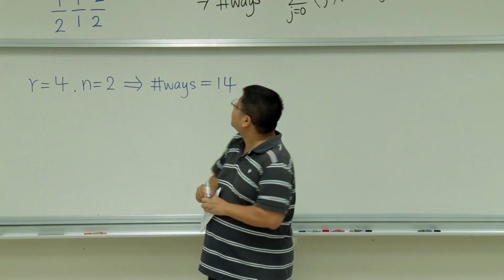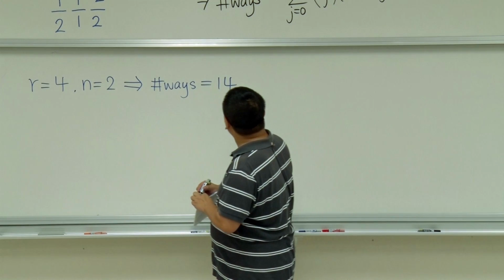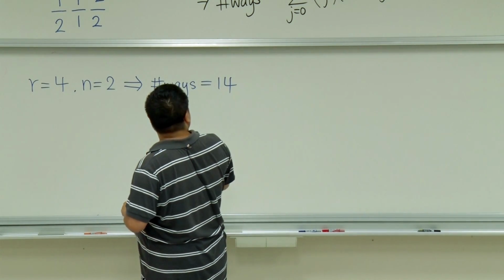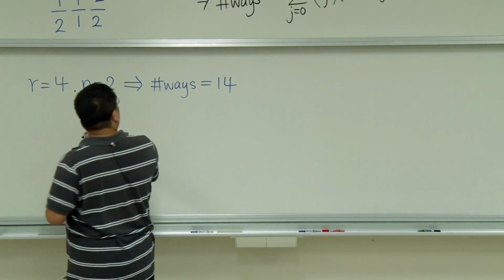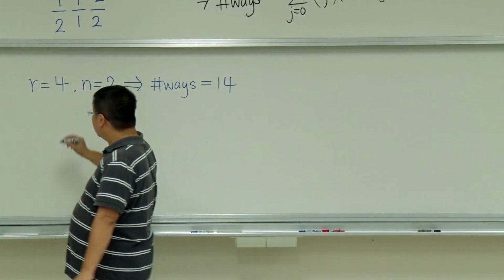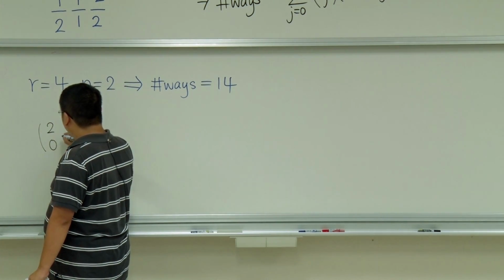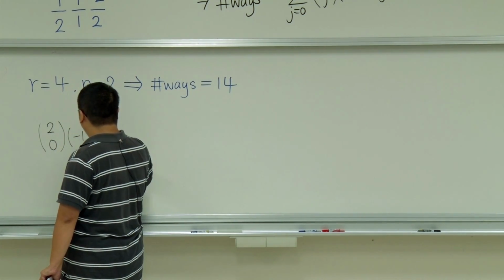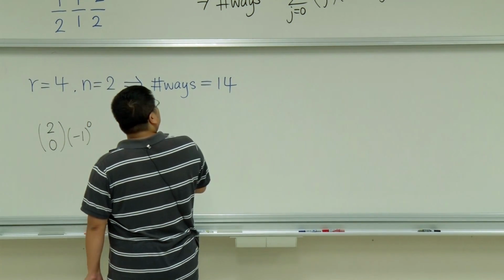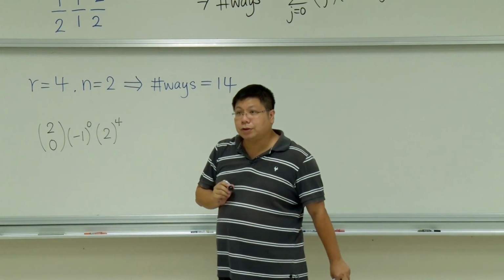Let's double check with this formula. So in this case, we should be doing what? We will have 3 terms. So the first term is when n is 2, j is 0, 2 choose 0, times minus 1 to the power 0, times 2 to the power 4. Is that okay? This is the first term.